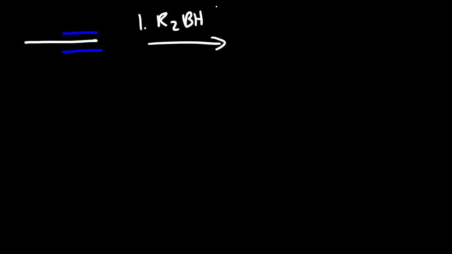So now let's continue. Let's say we have an alkyne, but instead of an internal alkyne, we have a terminal alkyne. And let's react it with R2BH and THF, followed by hydrogen peroxide and hydroxide. So this is the hydroboration reaction, but for alkynes.